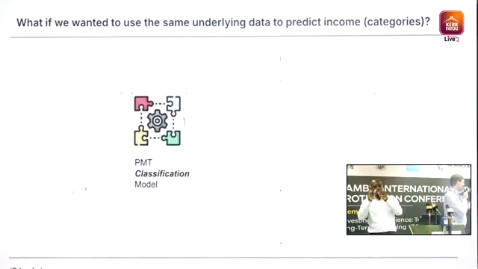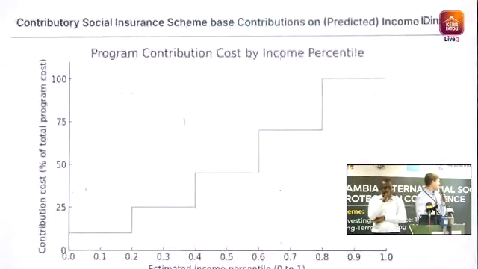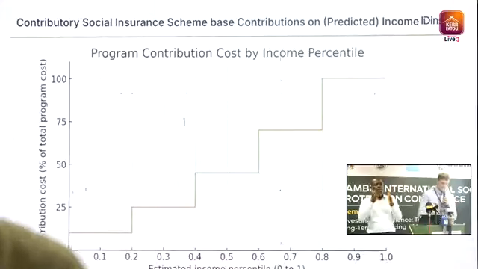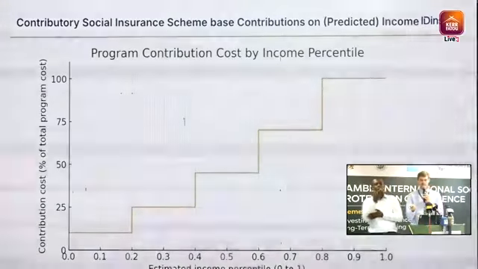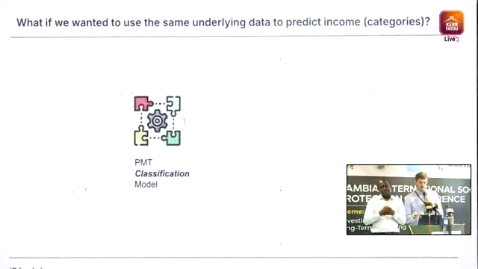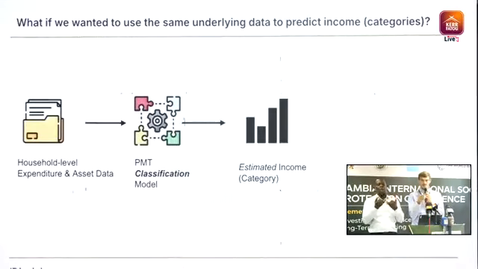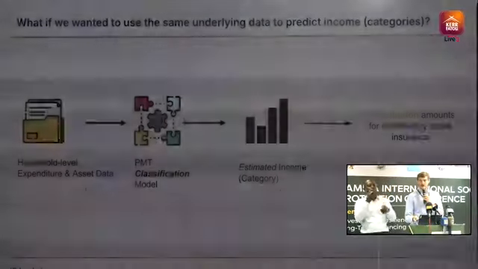And the second one is that we would directly try to predict which of these categories a certain individual is in. So one is an estimation problem, the other one is a classification problem, and those are different models that we would be applying, and some of them might have advantages over others. So this is again just highlighting the importance of the model for determining these contribution amounts.